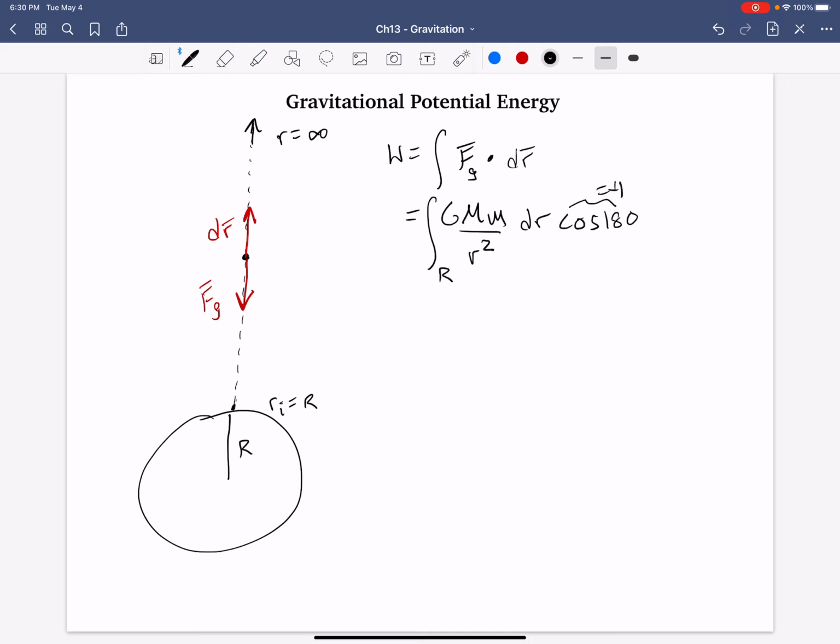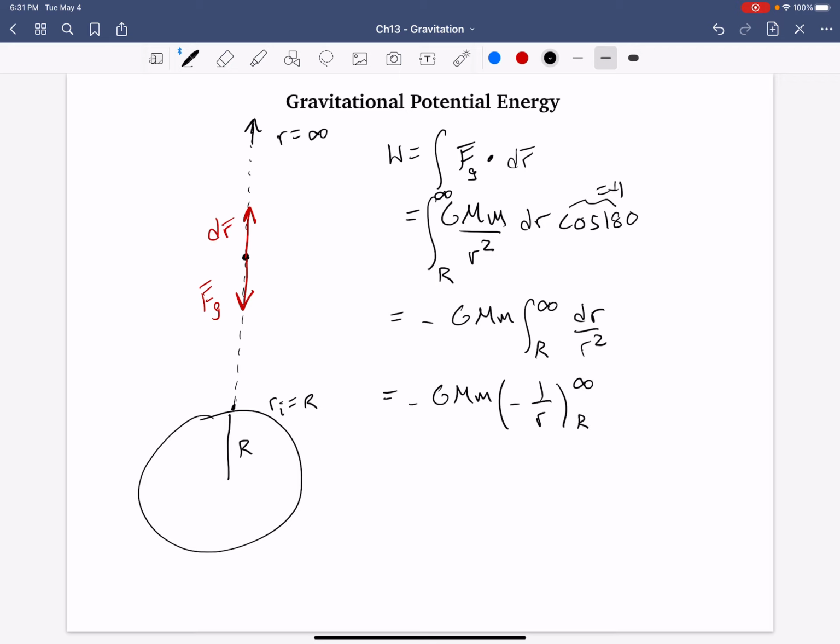So really we're integrating from R to infinity. I'm just taking the max-min cases here. So we have a negative G M m, integrating from R to infinity dr over r squared. That should give us negative 1 over r.